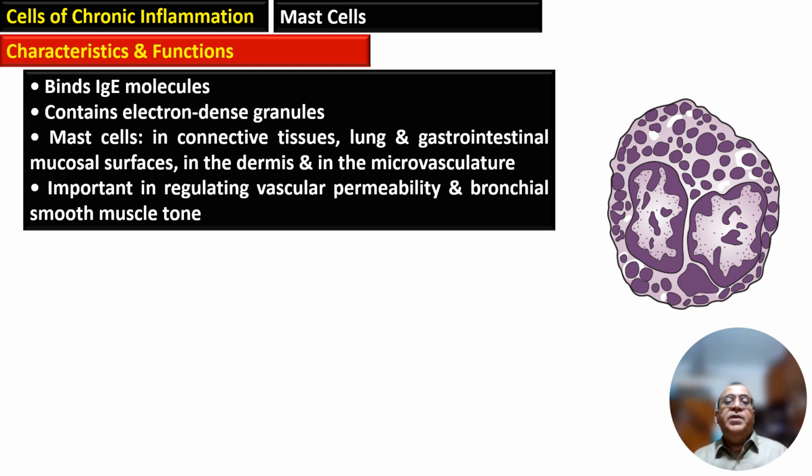They bind with the IgE molecule, and these mast cells have got electron dense granules. They are present in connective tissue, lung and GIT surface, dermis and microvascular vasculature also, and they are very important in regulating vascular permeability and bronchial smooth muscle tone.